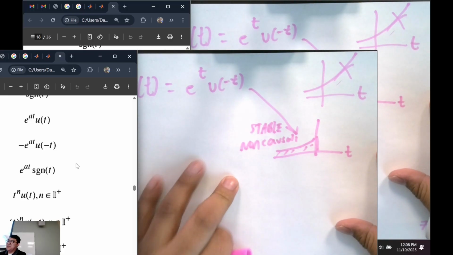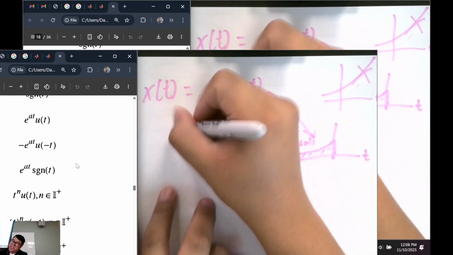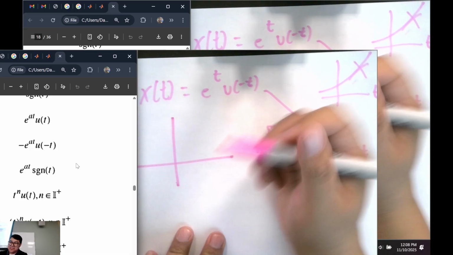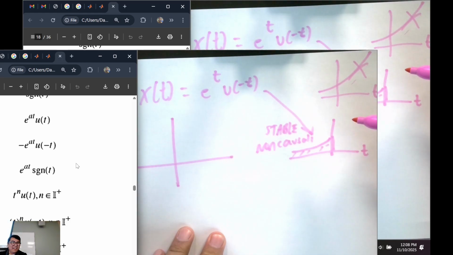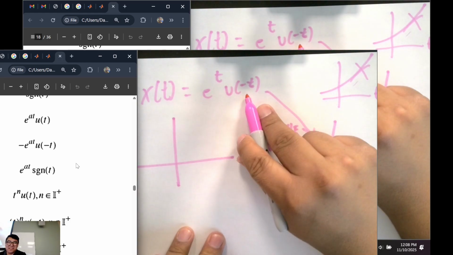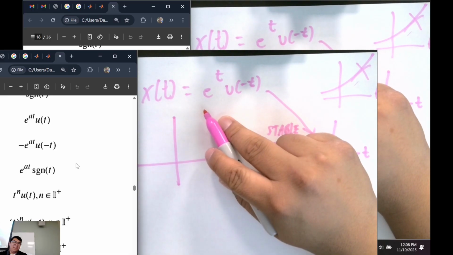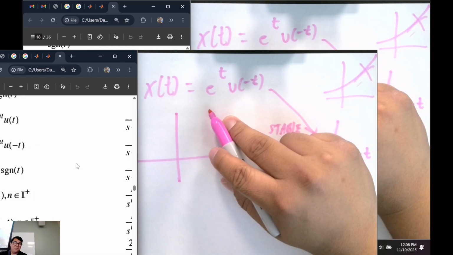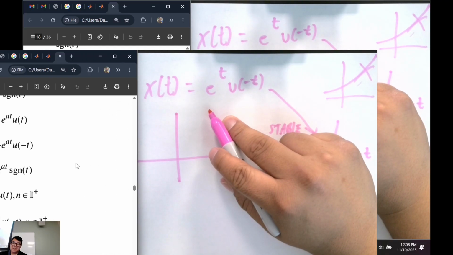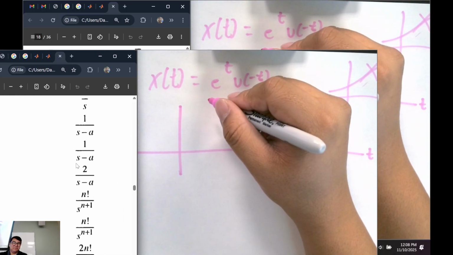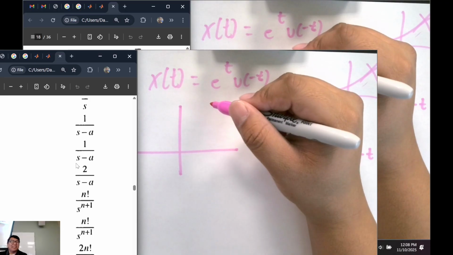Does that make sense? However, the pole for this one, and I'll just cheat the answer. Let me see, actually, e to the t, u of t, minus e to the t. So technically, if you wanted to get this, you need to have a minus sign here.